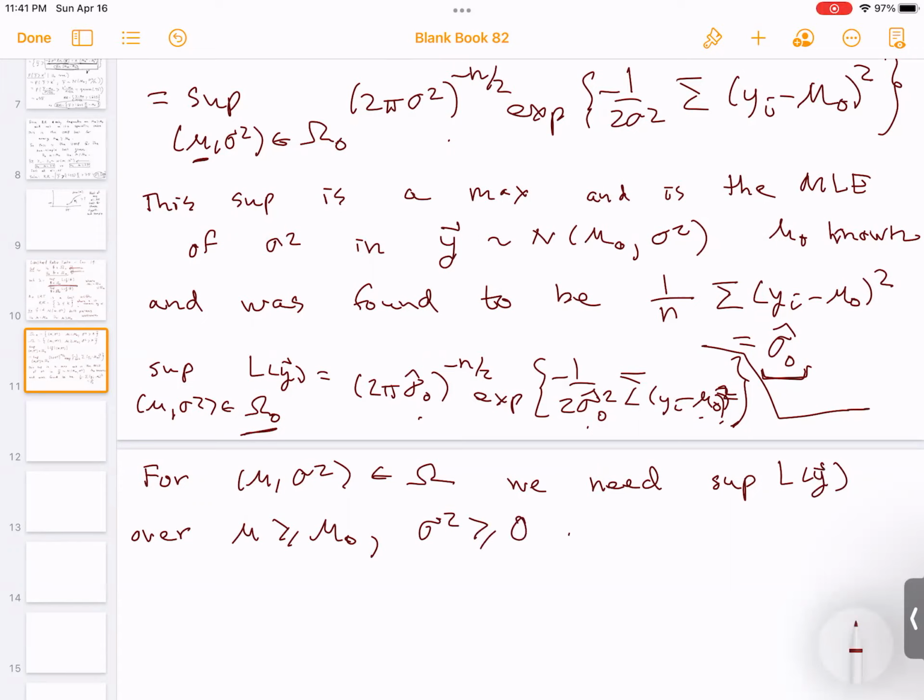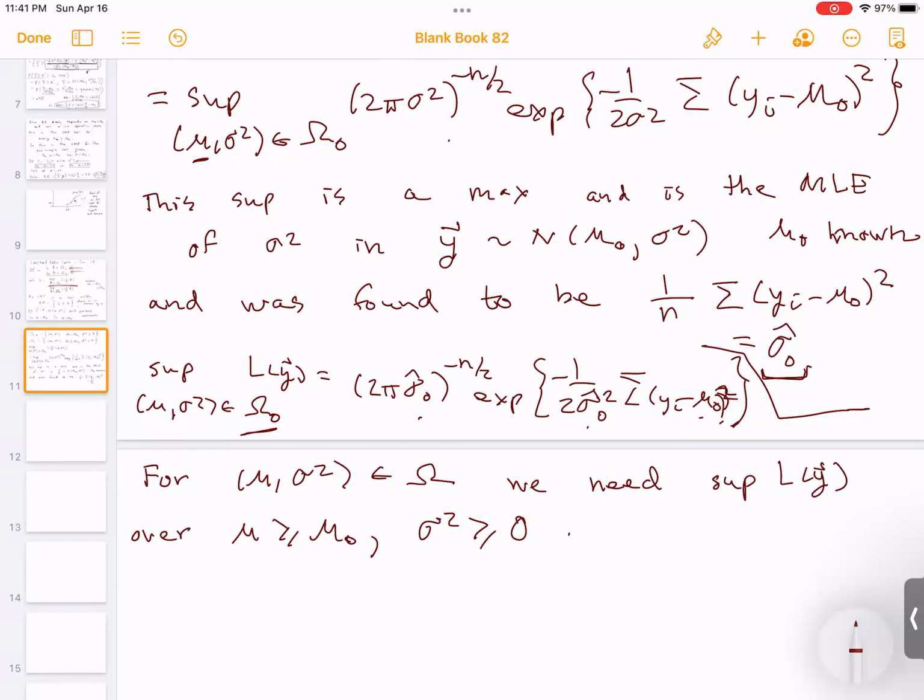Okay. And because the likelihood function, right, it just returns a single number, we can take the log and maximize the log of it.